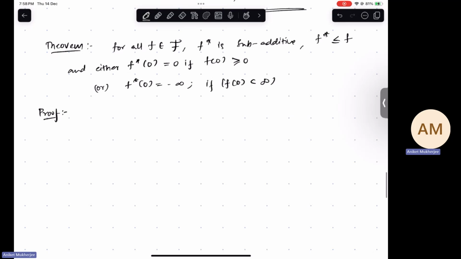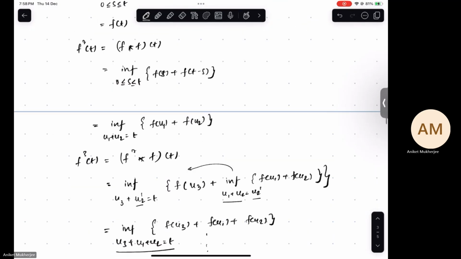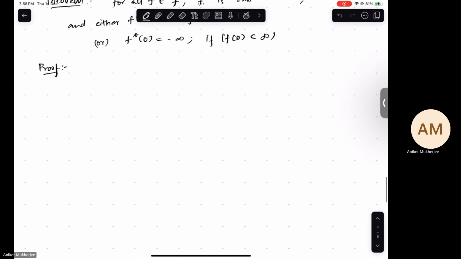Okay, so let's write what f star is, right? f star is f min, f_i, i greater than or equal to 2. I changed the order, so it will not matter.